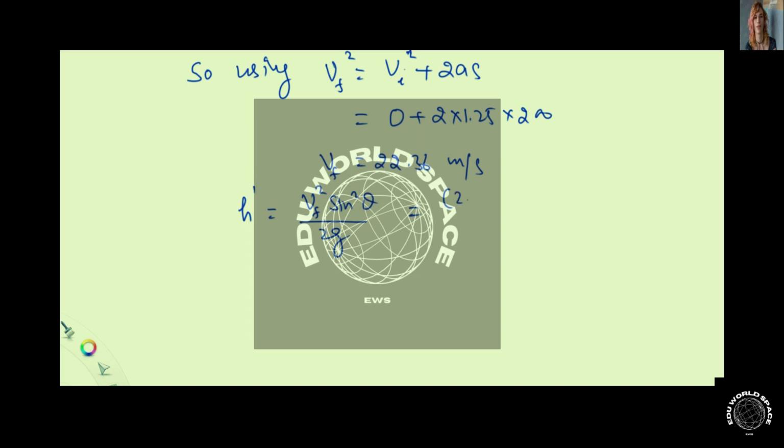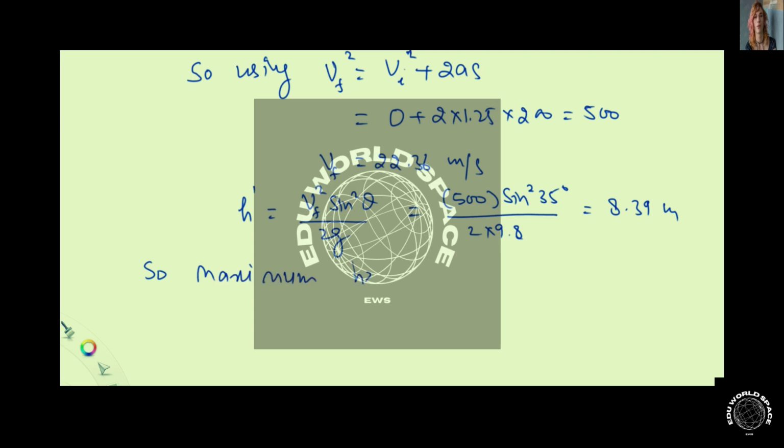For Vf, this is square of 22.36, and this square actually comes out to be equal to 500. So here it will become 500 multiplied by sine square 35 degree divided by 2 times 9.8, and this is 8.39 meter.